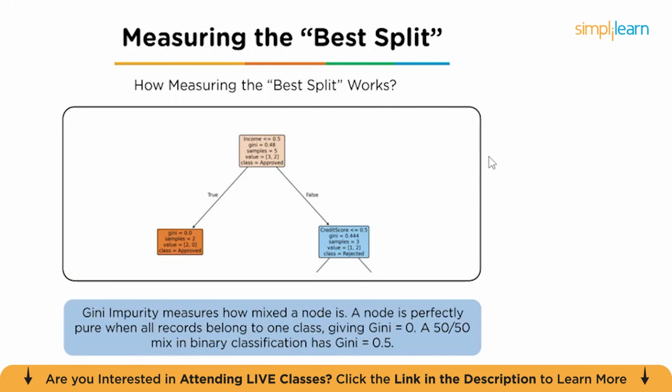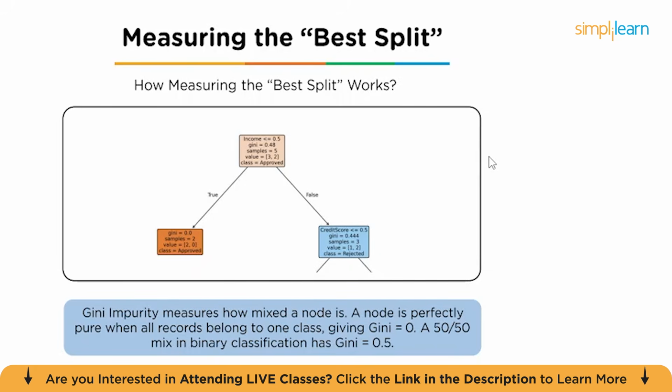As I talked about, the Gini impurity is a measure of the mix of the nodes. How impure is my decision making process in the data or in the target variable? In a typical binary classification problem, you will have two classes, let's say class A and class B. In our case, we have three examples for approved and one example for rejected.